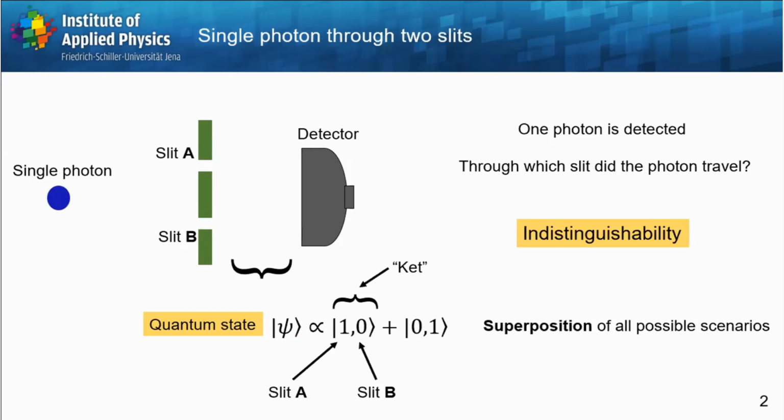Just to guide you through the notation here, the quantum state is shown with the letter psi, and each of these scenarios is represented by what is called a ket in Dirac notation. That's not important. So this is a scenario, and this is another scenario on the right. In one scenario, one photon is going through A, so one photon here, and 0 in the other one. And the other scenario is 0 in A and 1 in B.